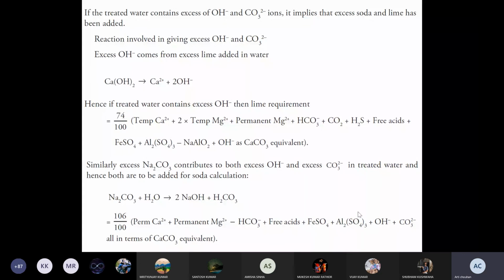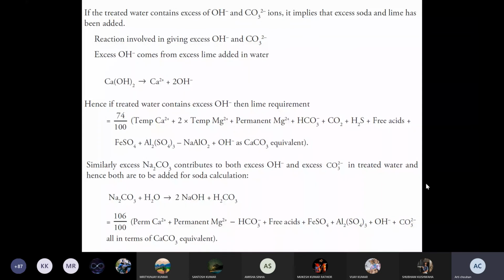So you can see in that derivation, both the ion concentrations which are given are added for the soda calculation. Okay.